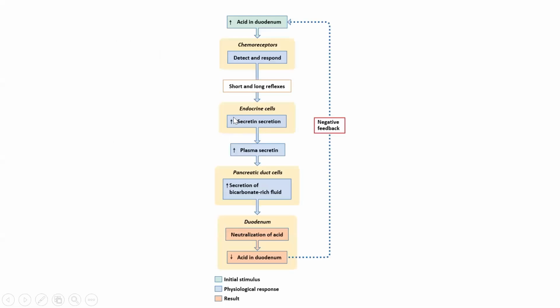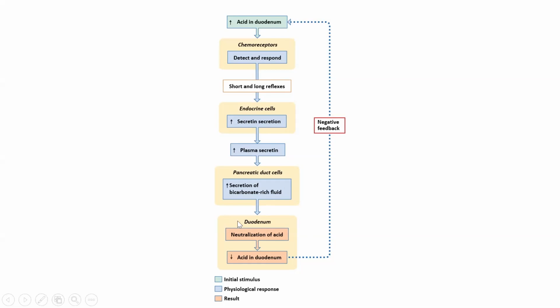All right, so here is a flow chart that hopefully simplifies that. We have increased acid in the duodenum. That is going to be detected by the chemoreceptors. They're going to elicit both of our pathways. Remember, we're further down the GI system, so now we're eliciting both the long and short reflex pathways. That is going to influence the endocrine cells of the duodenum to increase their secretin secretion. And the secretin secretion is going to have an influence on the duct cells to secrete a bicarbonate-rich fluid.